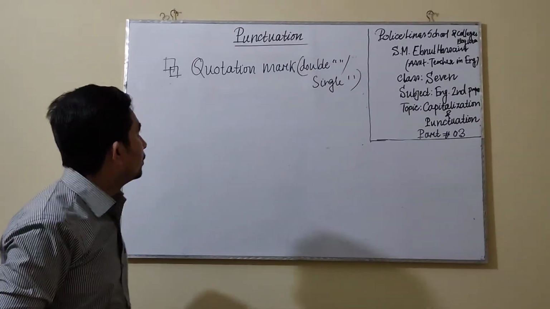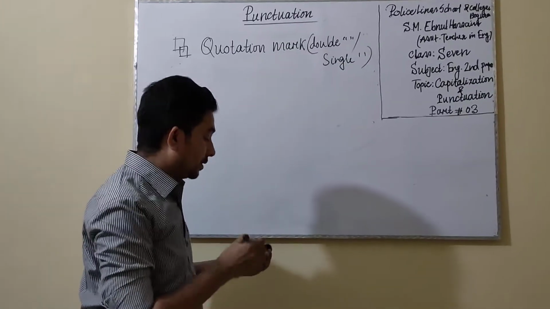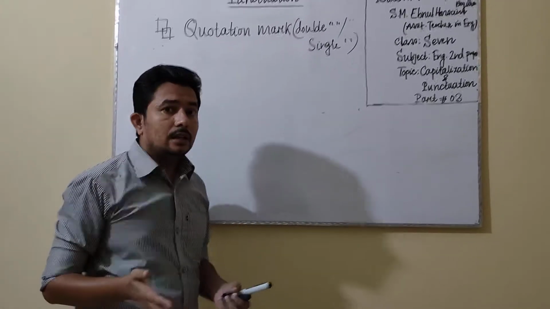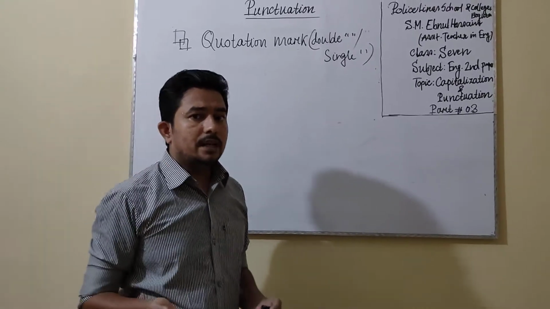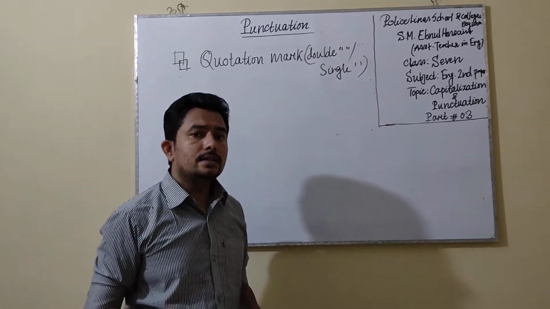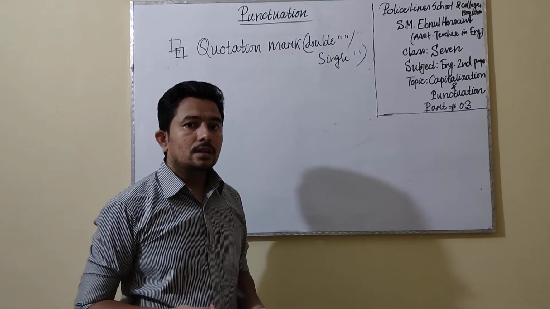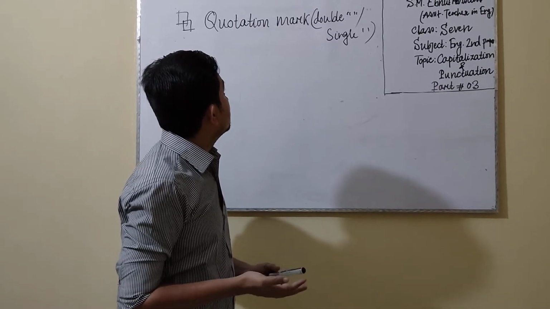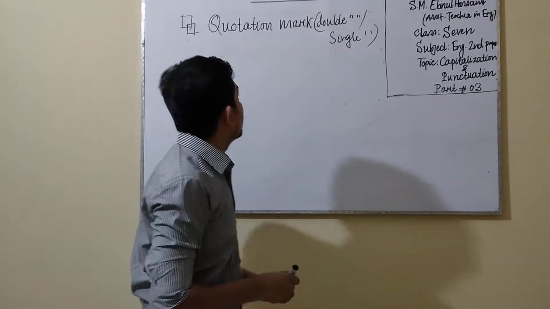Here, look at the board carefully: we can see that there are two types of quotation marks. One is double quotation marks, and the other is single quotation mark. So we are going to learn this very important punctuation, the quotation mark.